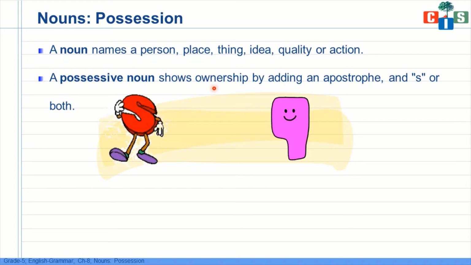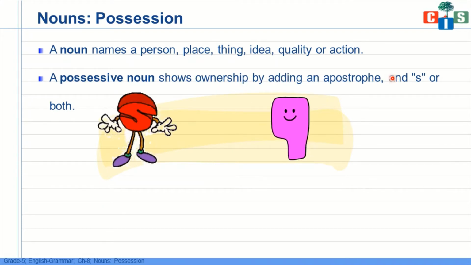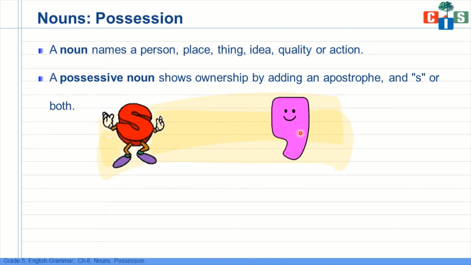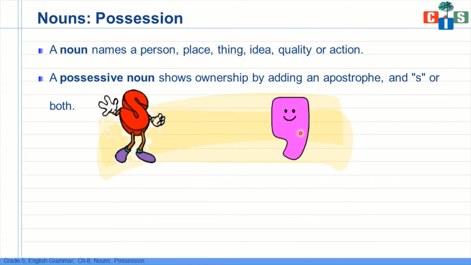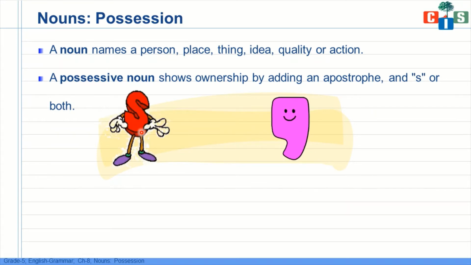A possessive noun shows ownership by adding an apostrophe and s, or both. Sometimes we have to add only an apostrophe to show possessive nouns, or sometimes only s, but sometimes we have to add both apostrophe and s.